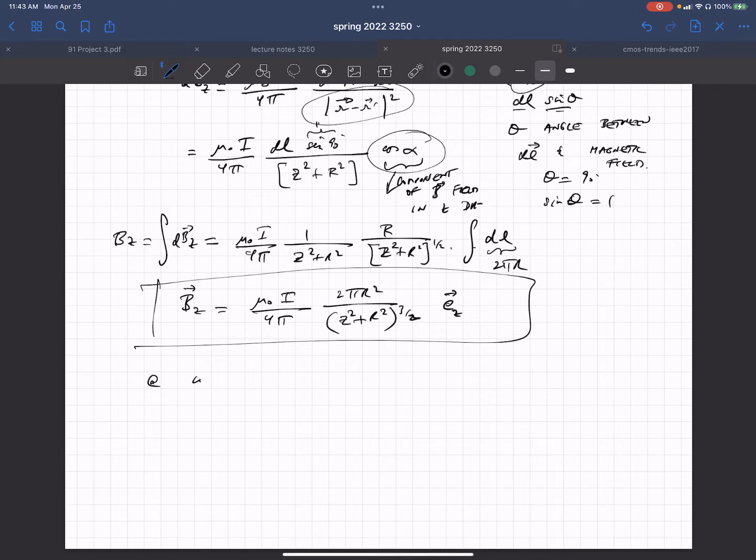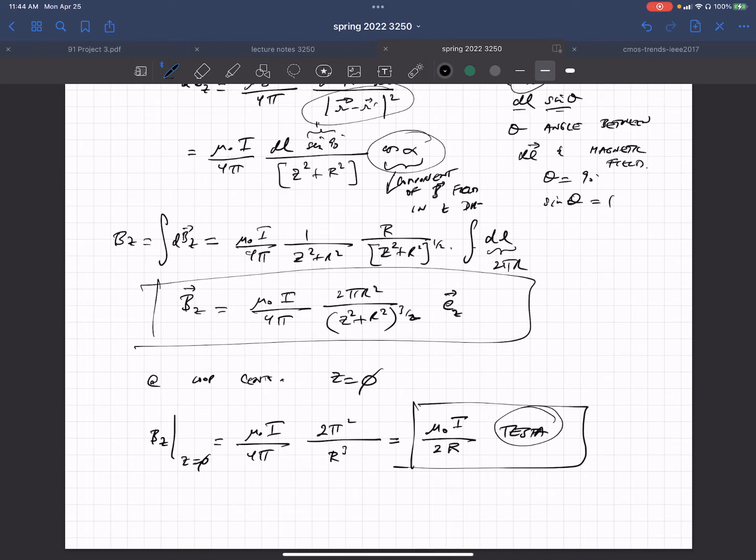At loop center, we have z equal to 0, so B at z equal to 0 is mu naught I over 4 pi, 2 pi r squared over r cubed, and so that is going to look like mu naught I over 2r Tesla.